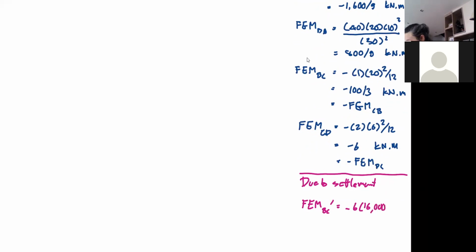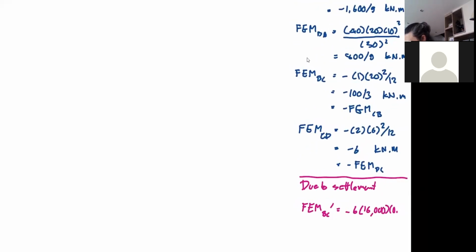The settlement turned into meters is 0.03, over L squared. And that is minus 7.2.